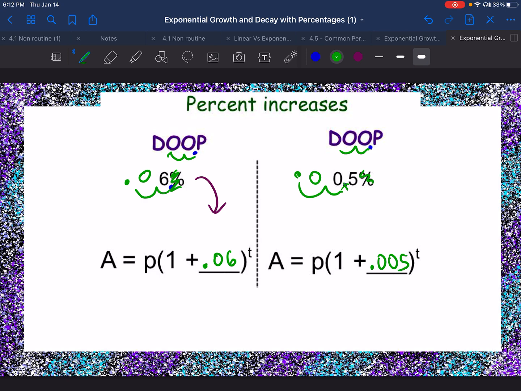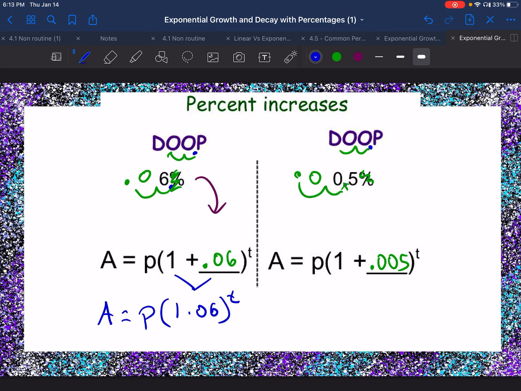This formula might do something to simplify the way it looks. You don't have to have a 1 plus. You can just add 1 and 0.06. So this could look like, I'm just going to recopy those. If I add 1 plus 0.06, I just get 1.06. And then copy my exponent.